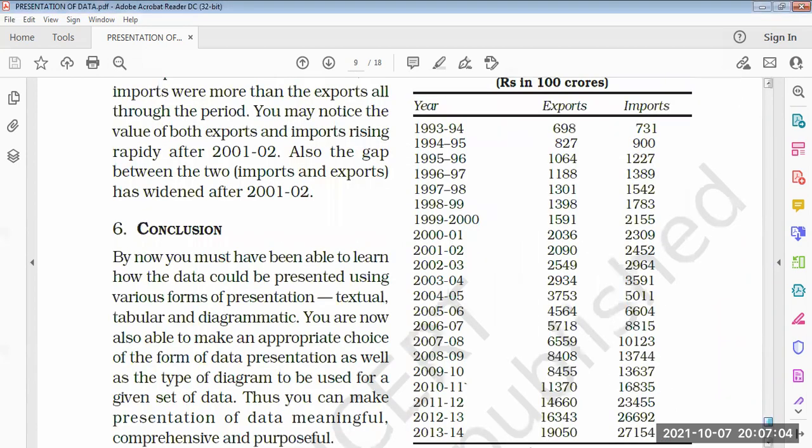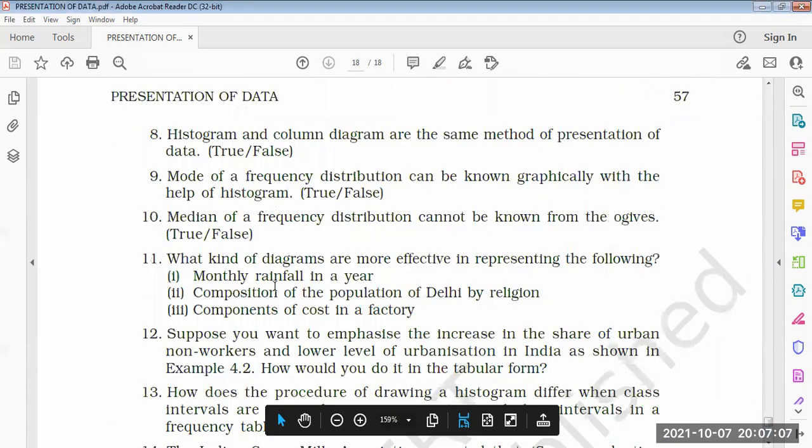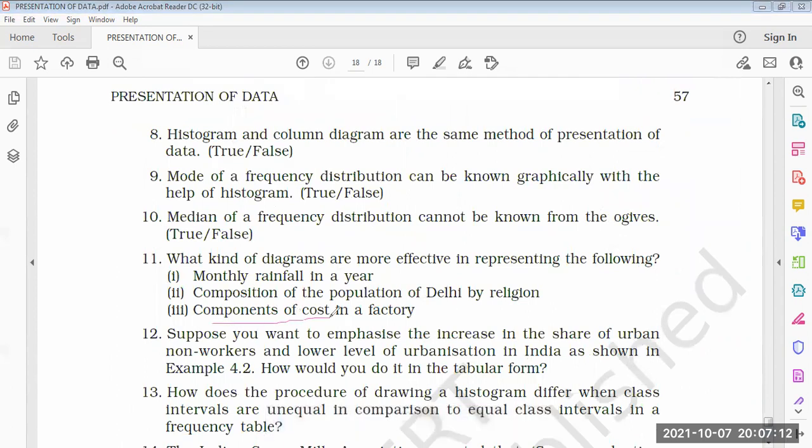Okay, so next one. In which question now we are? 11th. Components of cost in a factory. Which one is better, do you feel? Pie chart. Pie chart will be useful. For example, in a factory, this is salaries component. This is wages component. This is electricity.